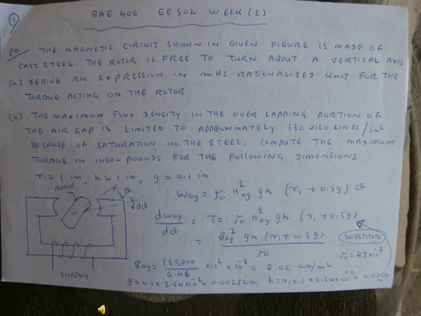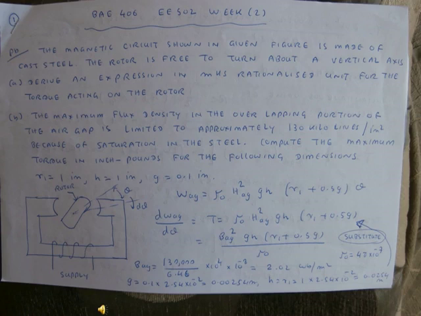B_AG means the flux density. The flux density is equal to the flux divided by area. The flux is given as 130 kilolines per inch square, so 130 multiplied by 10 power 3 divided by 6.46. Then we convert to meter square, multiplying by 10 power 4 and by 10 power minus 8. So you get 2.02 Weber per meter square, and mu 0 is 4 pi multiplied by 10 power minus 7.